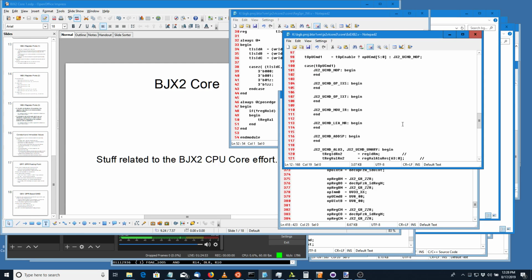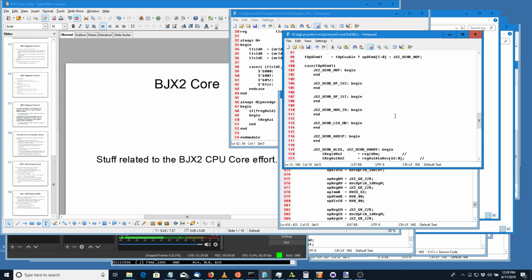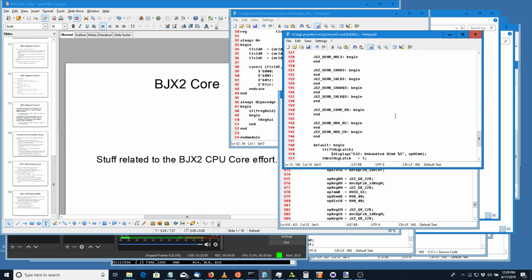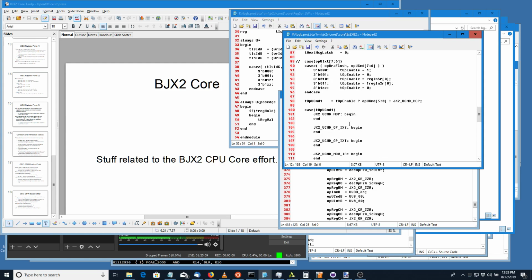Because of this, the SR.T bit and so on, they're mostly empty. The only things they can really do are ALU stuff.